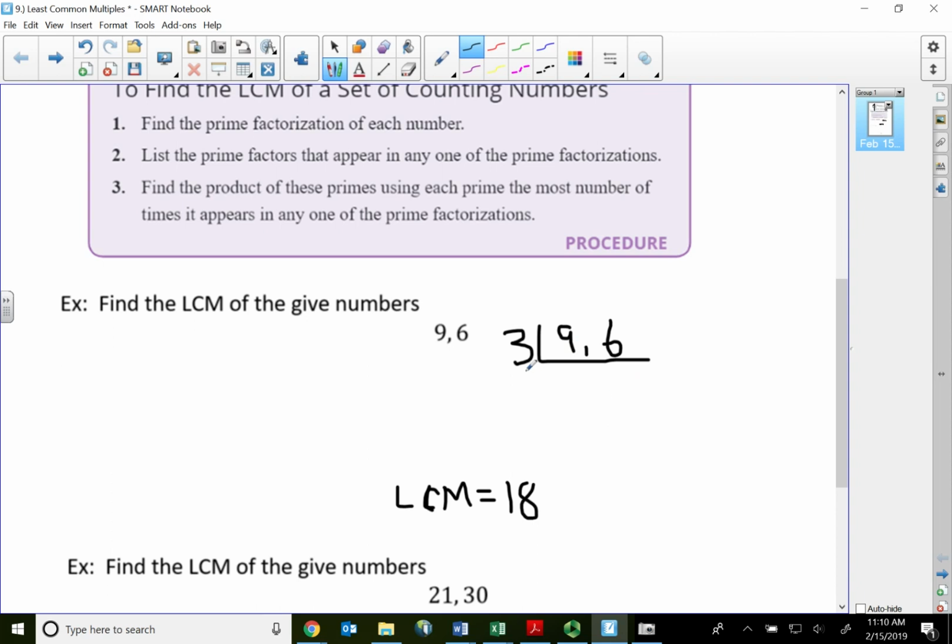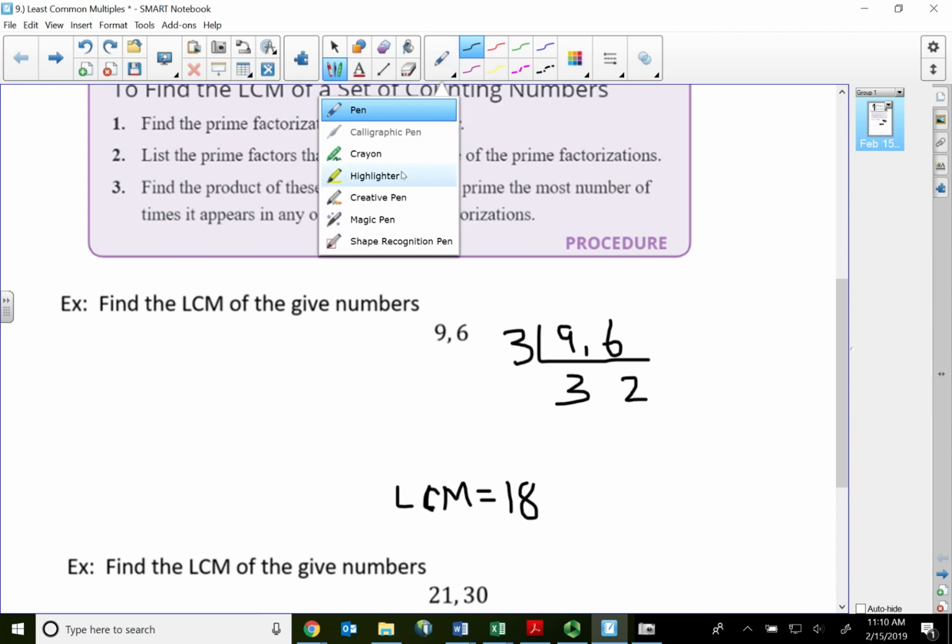Don't choose 1; choose anything other than 1. 3 can go into 9 three times, and 3 can go into 6 two times. Now again, find one number out here that can go into both of them other than 1. There's no number that can go into 3 and 2 simultaneously. That's how you know this is the end of it.